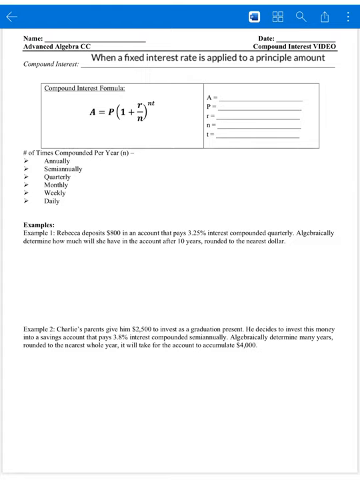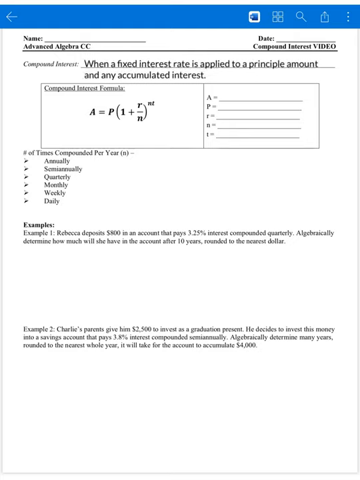So that interest rate is applied to the principal amount and any accumulated interest.